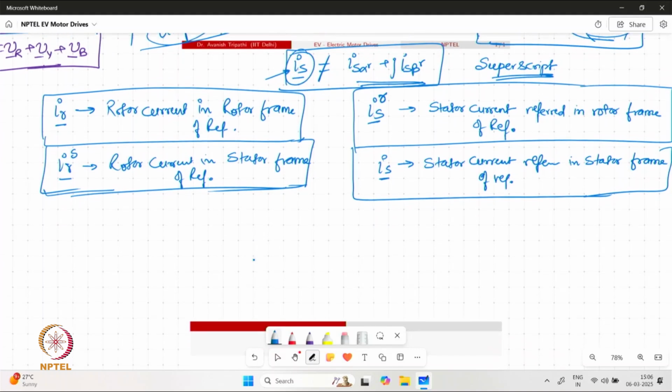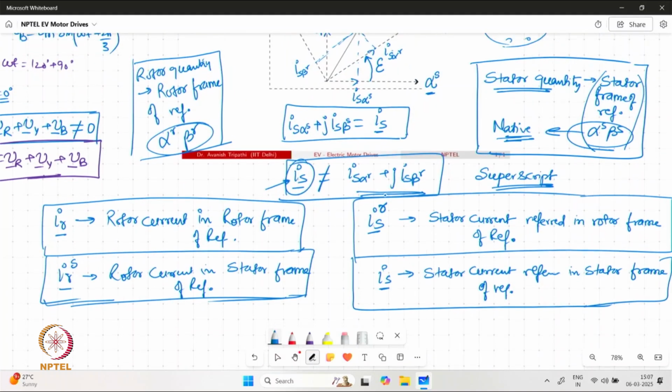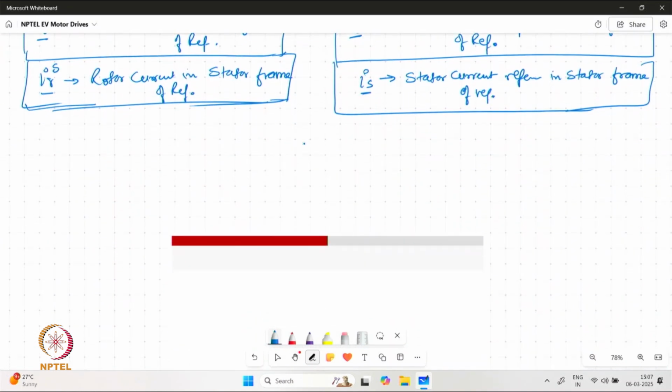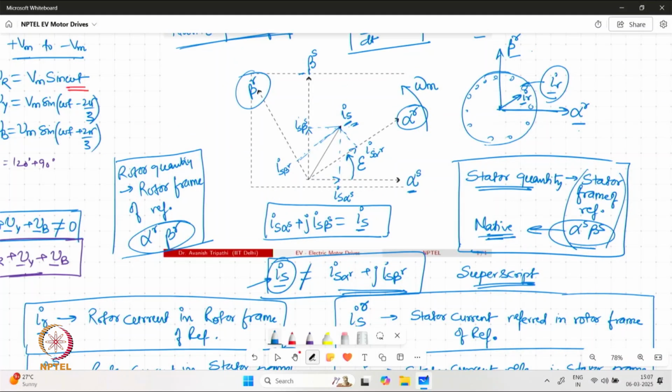Now, for this particular case, we are looking for IS^R, which is essentially IS alpha R plus j IS beta R. One way is that we can correlate the components IS alpha R, IS beta R with IS alpha S, IS beta S by using this angle epsilon and then projecting the components.